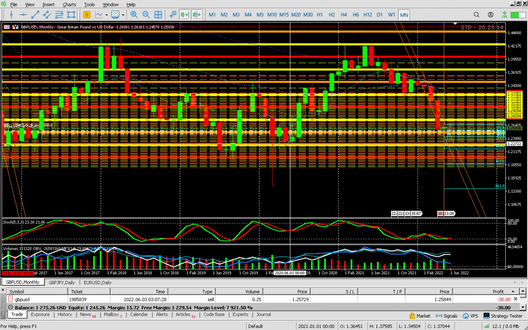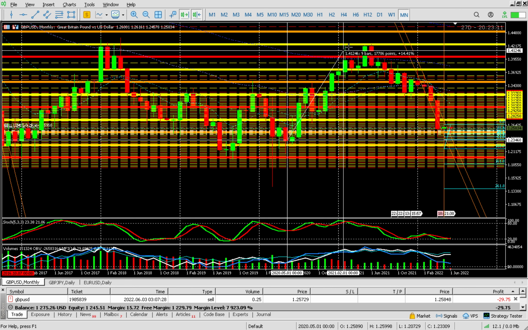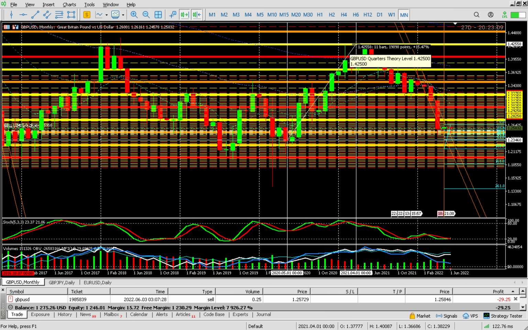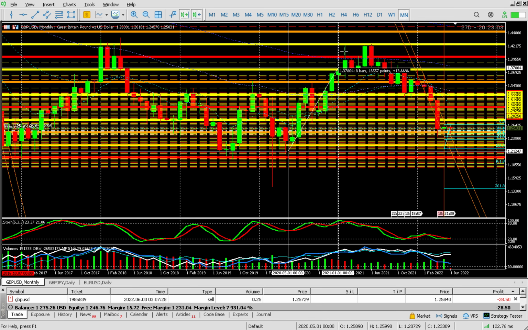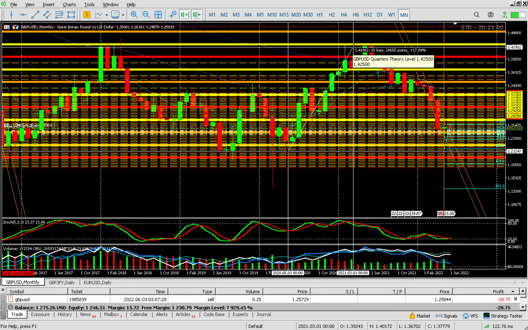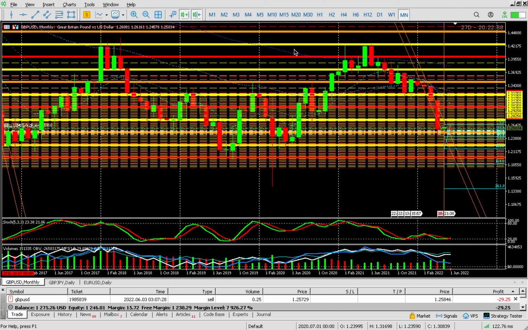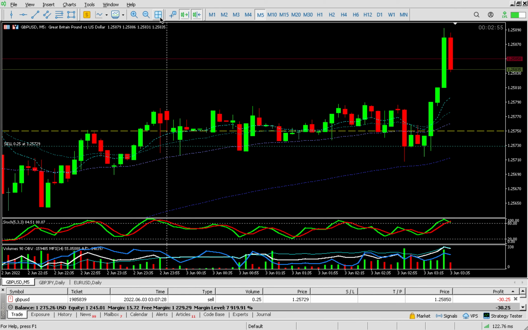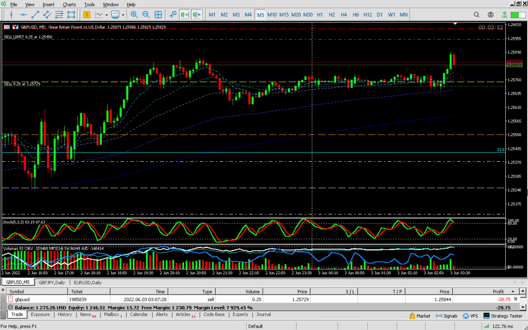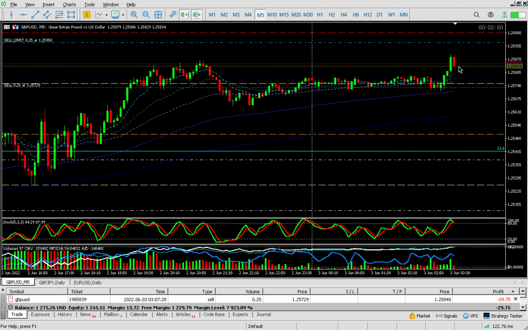After that wick, it came back down and it went up, basically 20,000 points. Maybe we'll see a pennant pattern, like a flag pattern to push up. But if this engulfs, that's what we've got to see what happens.